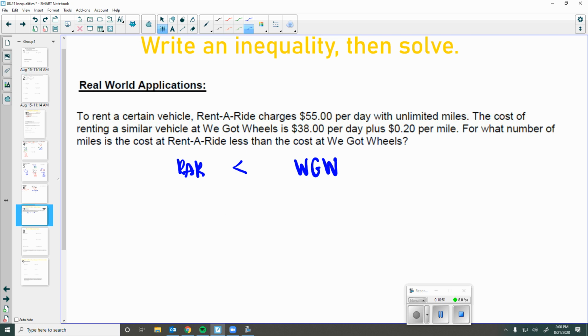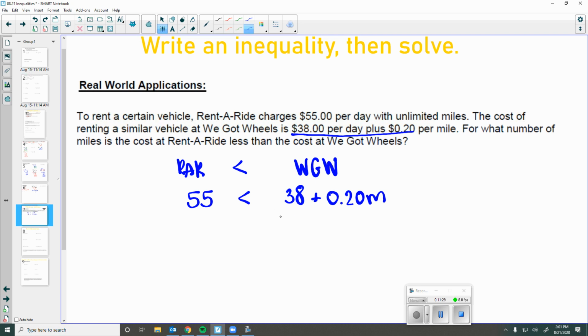So looking at the Rent-A-Ride price, Rent-A-Ride just charges $55 no matter what. So that doesn't have a variable attached to it. It just charges you $55 a day. If we look at We Got Wheels prices, they cost per day and 20 cents per mile. So theirs is the $38 a day plus the 20 cents per mile. So when is We Got Wheels going to be more expensive?